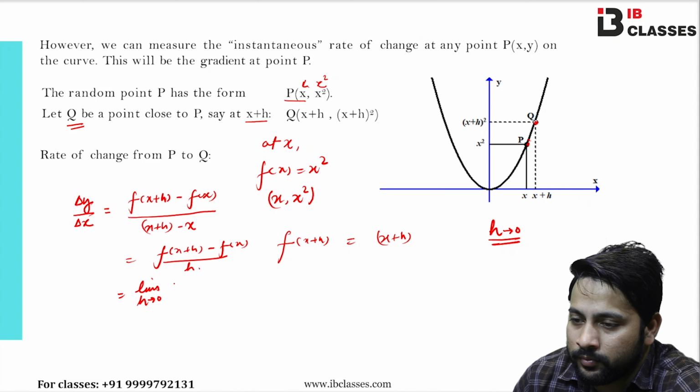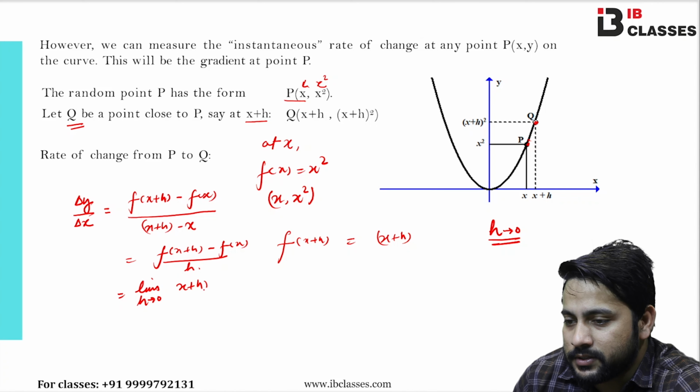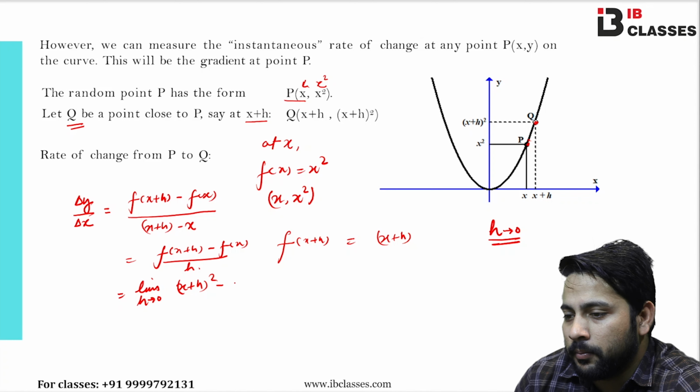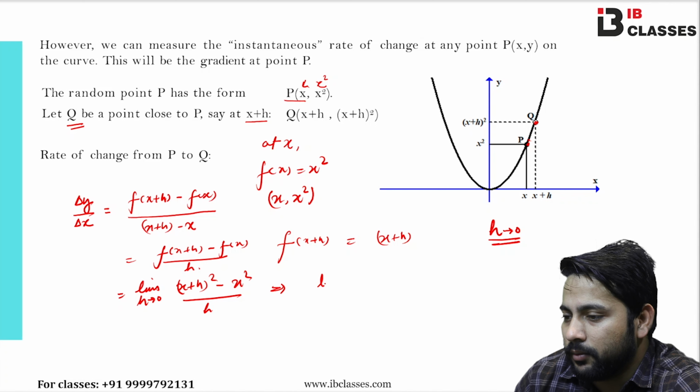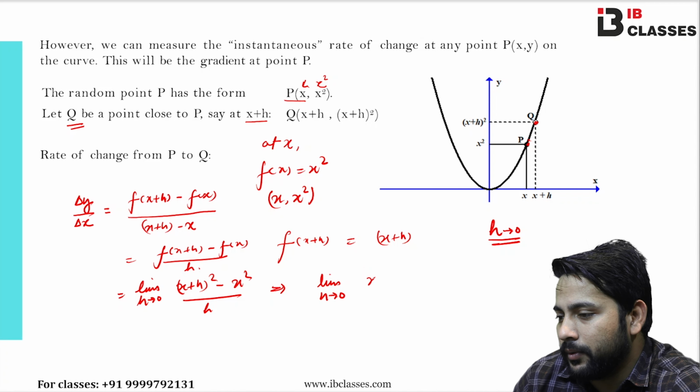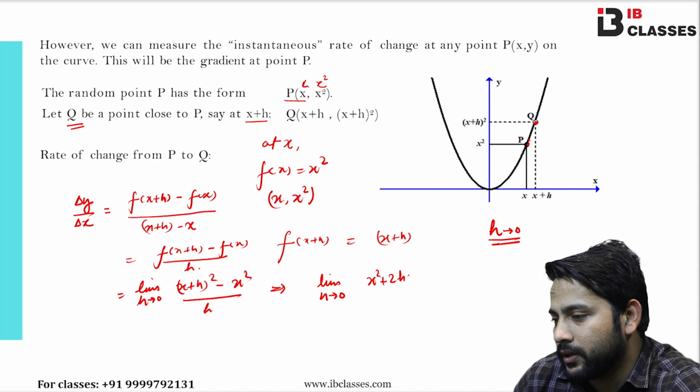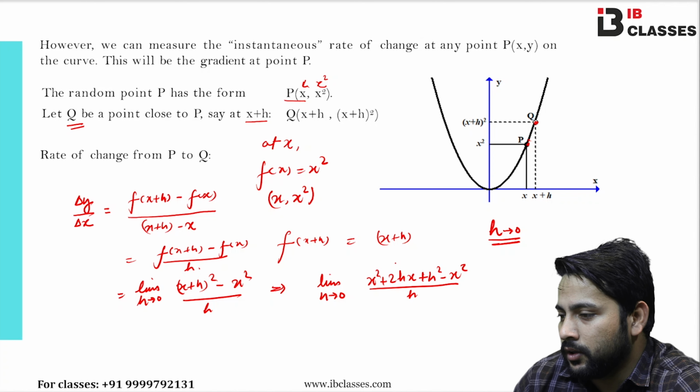So it will be (x + h) square minus x square over h. On expanding, we have the limit as h tends to 0 of (x square plus 2xh plus h square minus x square) over h.